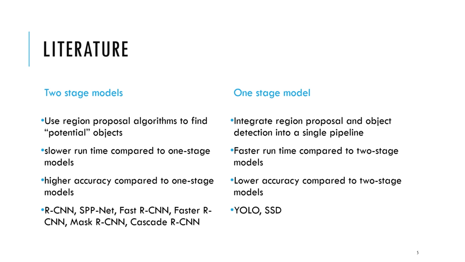Since we're doing one run per frame, it's quite fast compared to two-stage or multi-stage models, but it has the downside of lower accuracy compared to the two-stage model due to that compromise. And of course, the most famous of these approaches are YOLO with all its different versions, and SSD, which is the single shot detection algorithm.